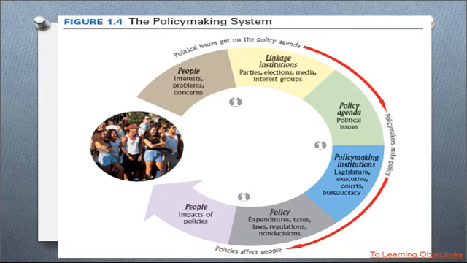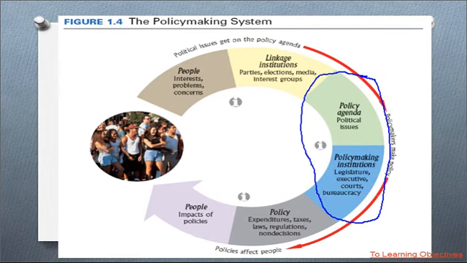As explained in slide 4, the policy agenda are the issues deemed important by the people and get the attention of the policy-making officials. So if you look at the chart again, that is the third and fourth part of the circle.